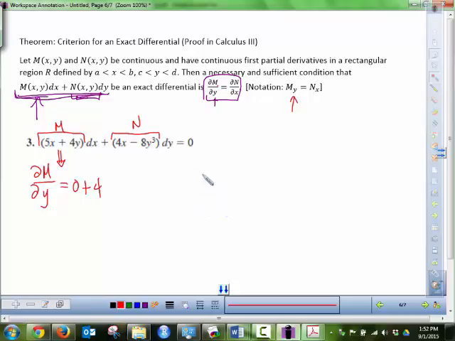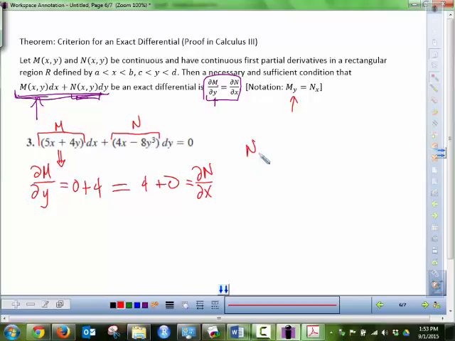And then on the other side we have N, and we want to take the derivative of N with respect to x. What's the derivative of 4x with respect to x? That's 4. And what's the derivative of 8y cubed with respect to x? 0, because y is a constant with respect to x. So in this particular case those two expressions are equal, and if they are equal, then we can conclude that this is exact.